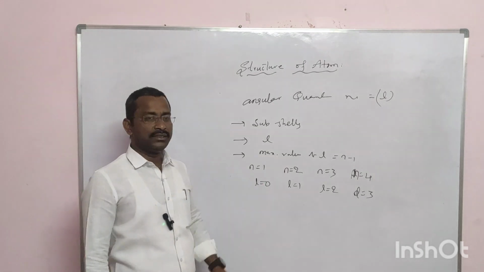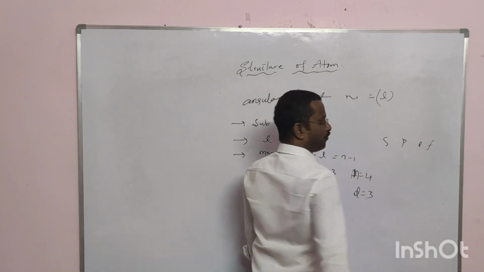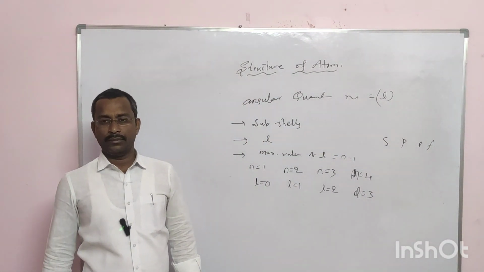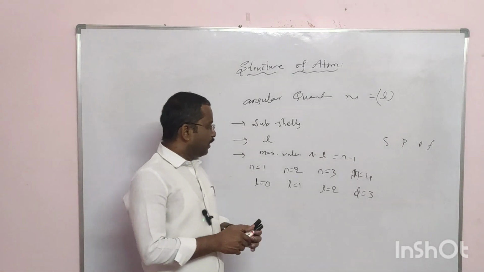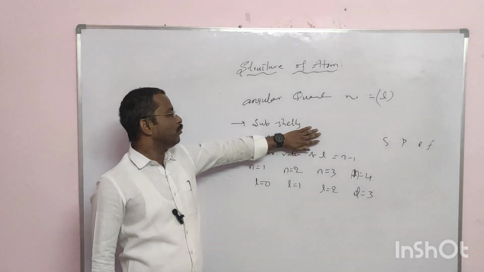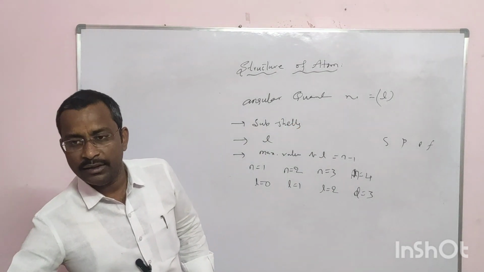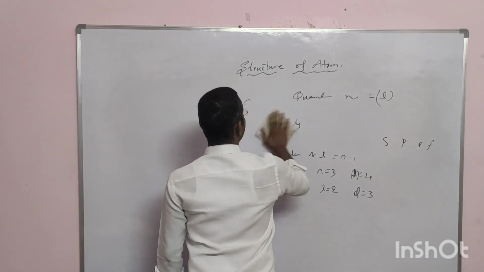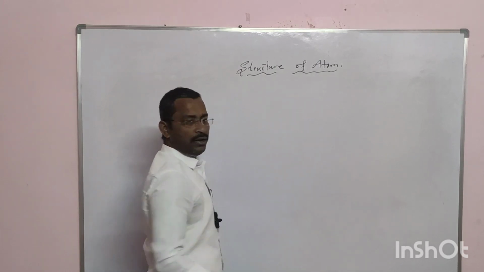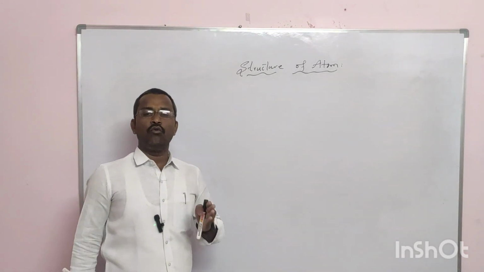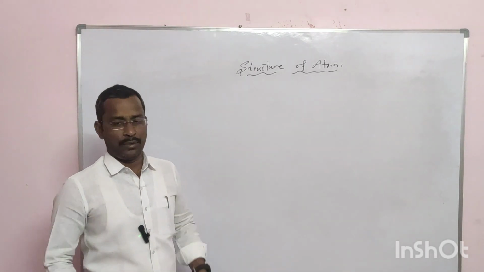It tells about the subshells like S, P, D, F. And it's only giving information about the subshells. Based on this, there is one more quantum number, the magnetic quantum number, represented by M. It tells about the orbitals in a subshell and also the orientation of the electrons in the orbitals.